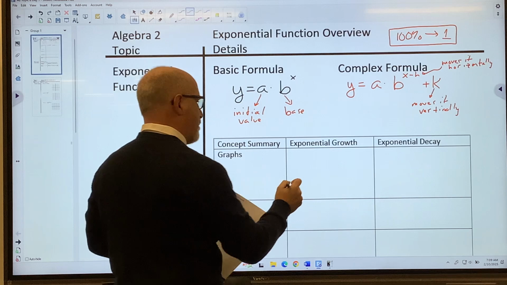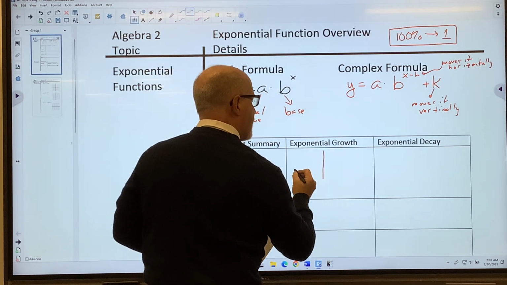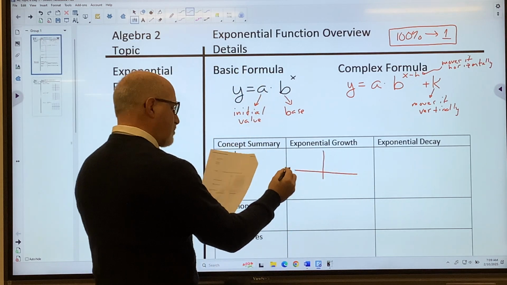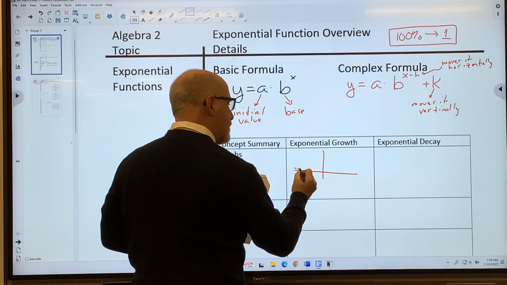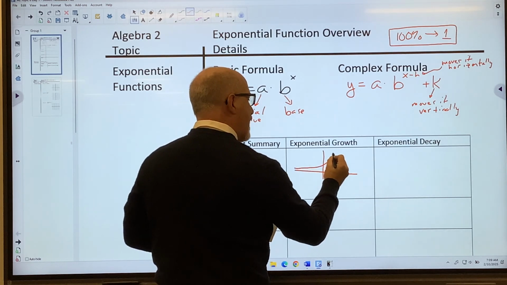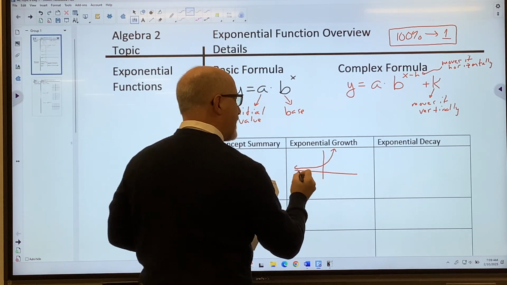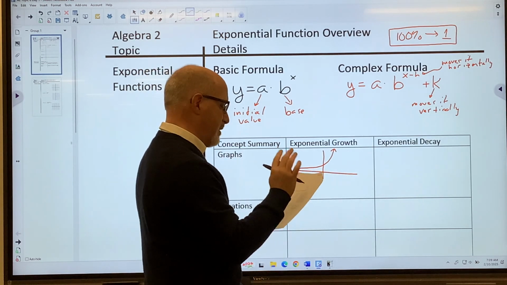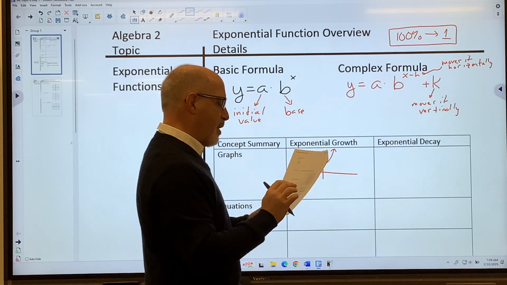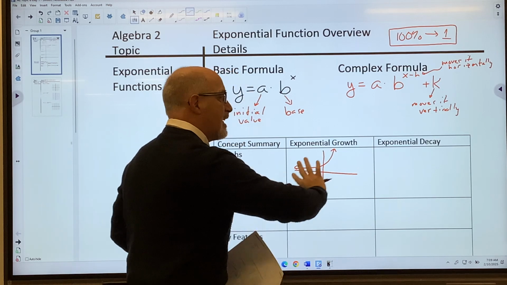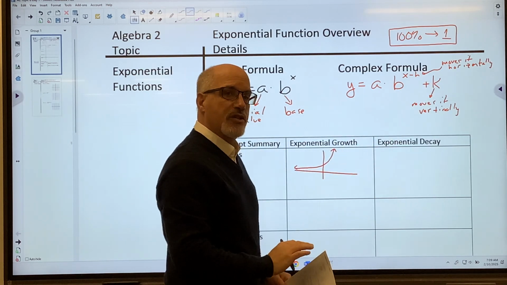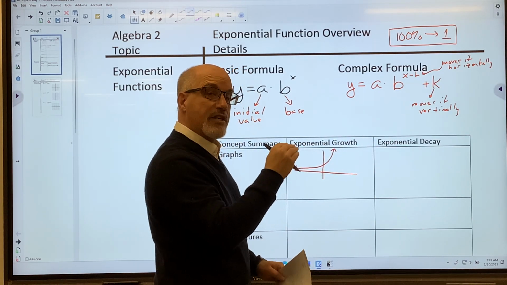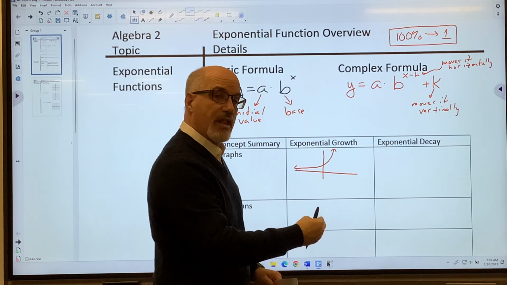If we look at the basic graph of a growth function, it does have an asymptote, but not on this side. The asymptote is going to be the x-axis for the basic look of the problem, but it's going to keep going as wide as we need it to. It's not like our rational functions where there was a vertical asymptote here.